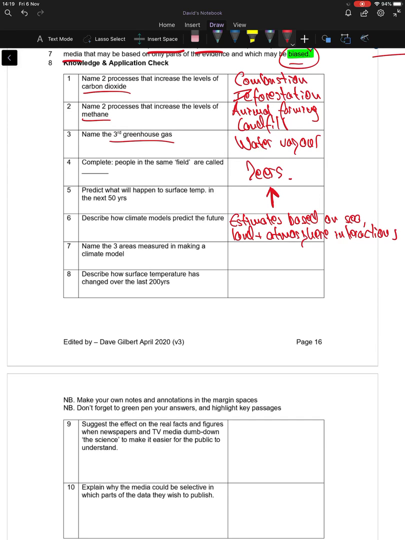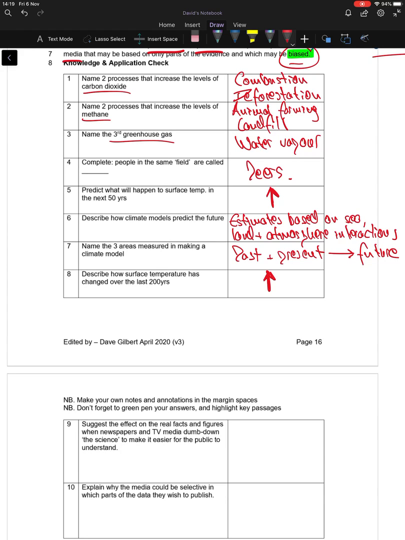Name three areas measured in making climate models. So it takes data from the past and present in order to try and predict the future. How has surface temperature increased over the last 200 years? Again, it's increased.